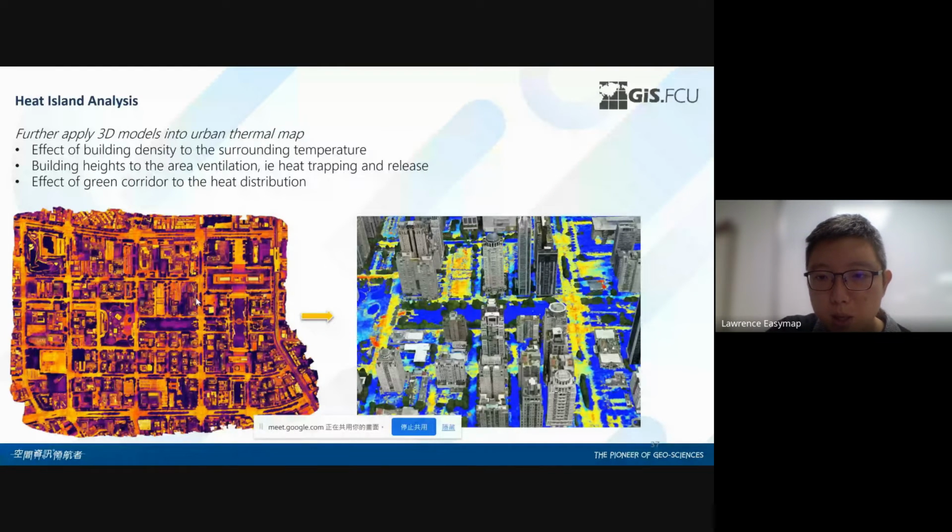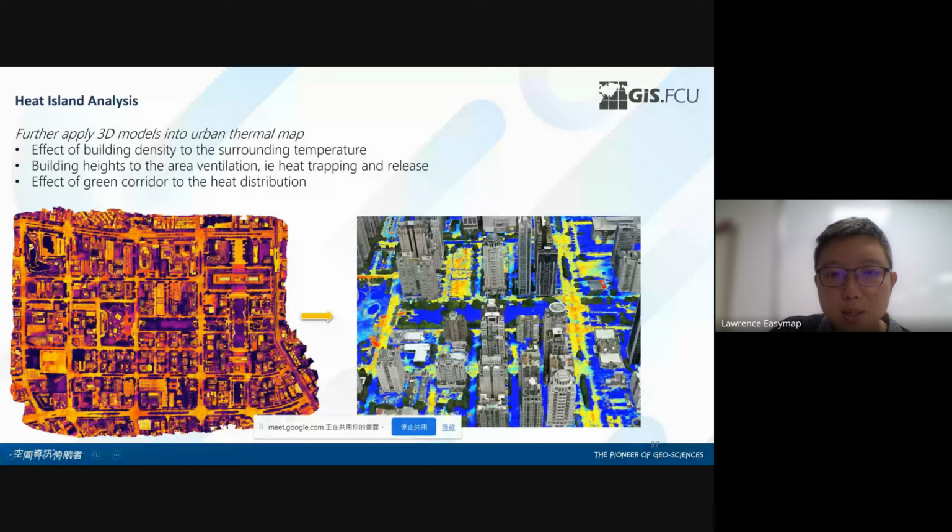When we take a look at the picture on the right-hand side, you can see a lot of tall buildings here. So how do these tall buildings affect the temperature distribution? Is it affecting the wind carrying the heat away? You can see some green area. We got it as a green corridor.